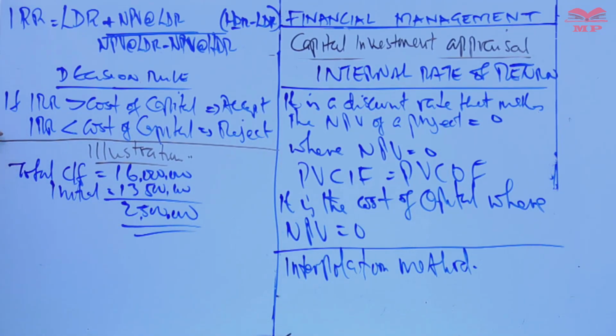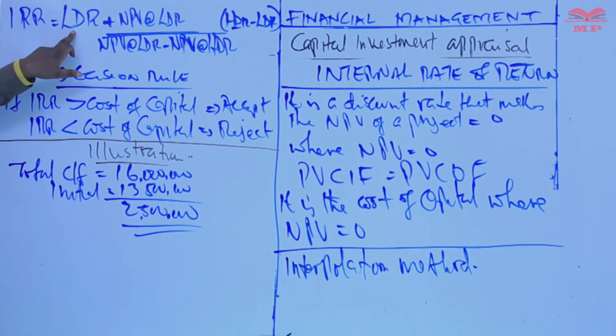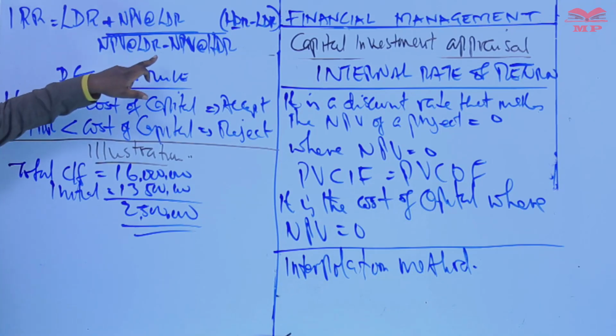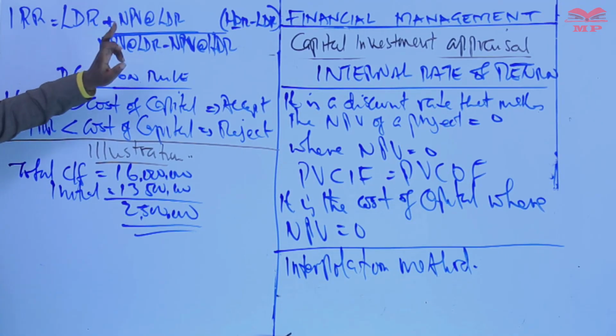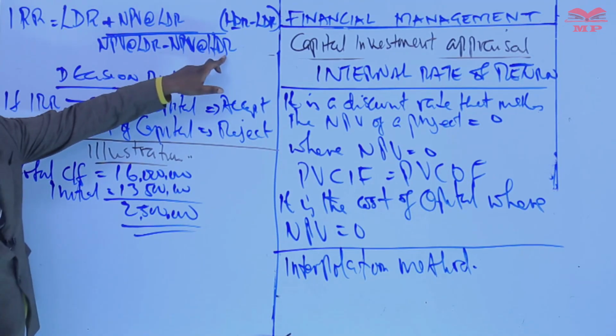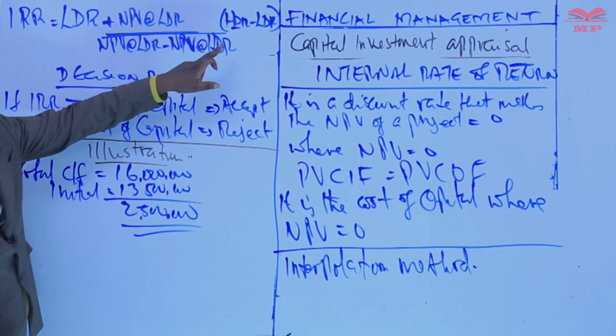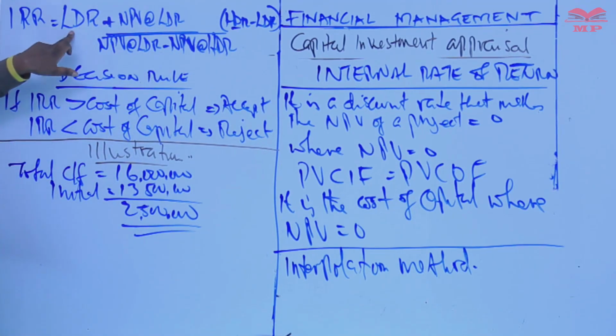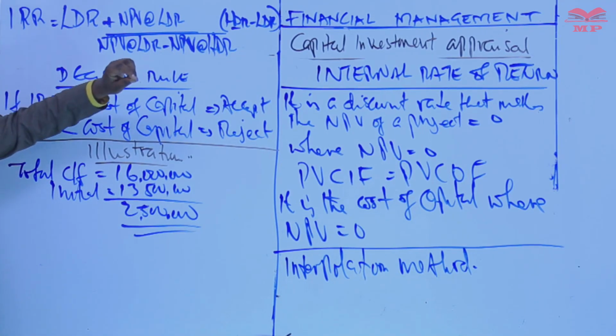So Lincoln Mwangi, the formula is internal rate of return is equal to LDR. LDR is the lower discounting rate. Then we have HDR, the higher discounting rate.